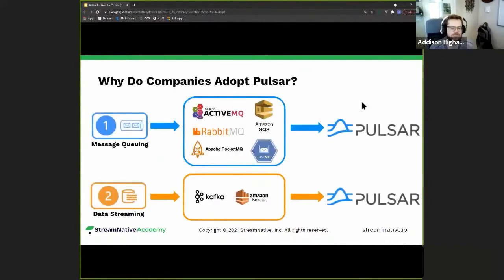Once again it comes from these two main things that Pulsar can do uniquely, is able to do both quite well, of traditional message queuing messaging systems.